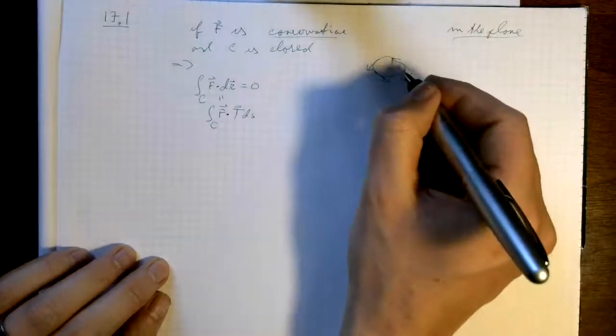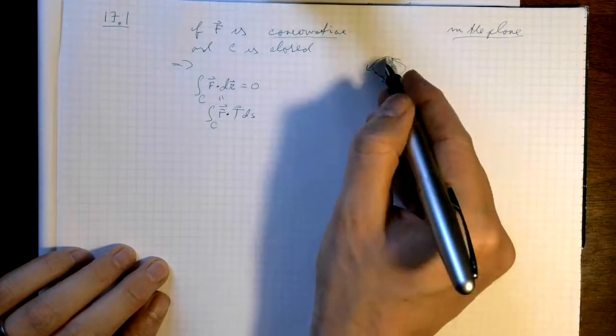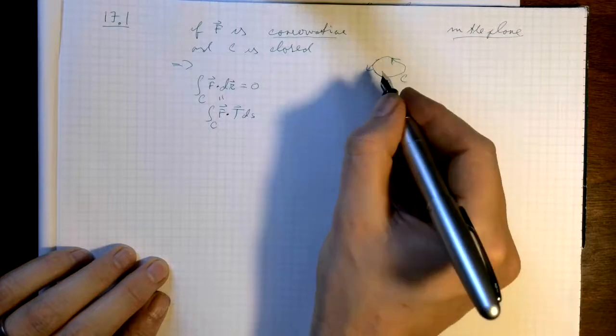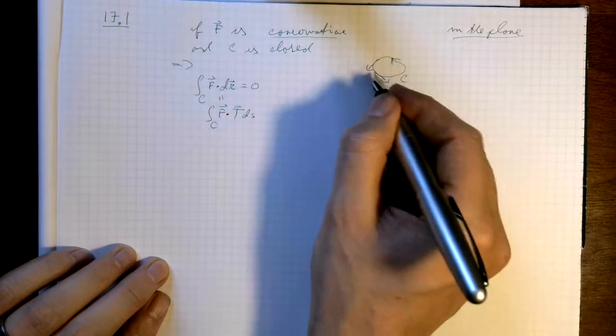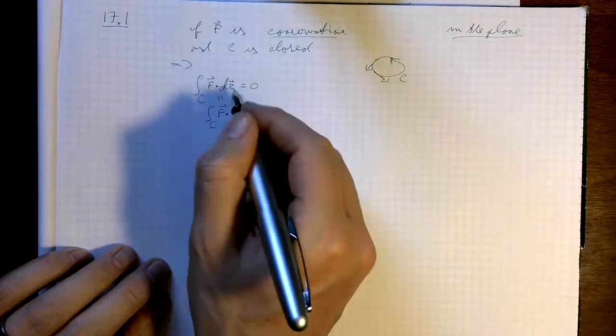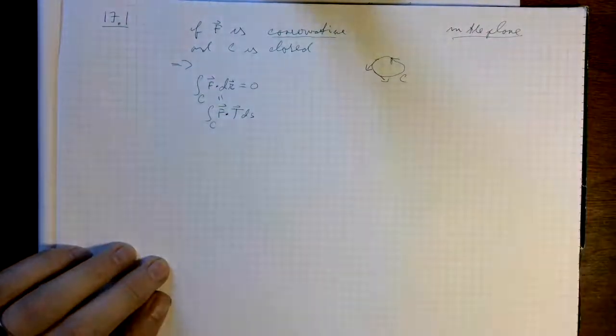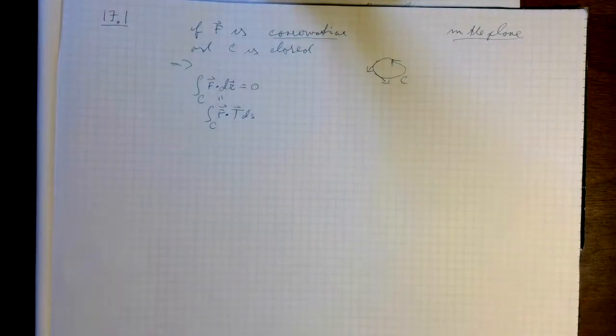It could be that f is going along this curve a little bit, but then it's going in the opposite direction somewhere else, and it all cancels out. Basically, you're summing up all these things. Somewhere it's going along, and somewhere it's going against.